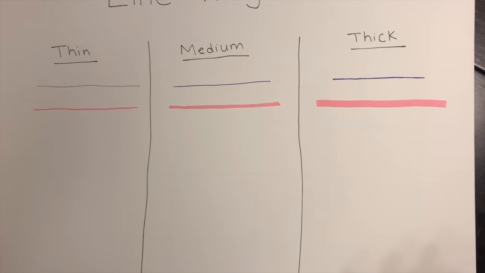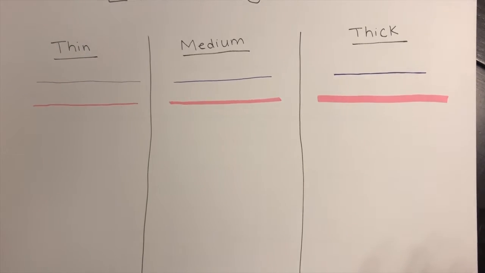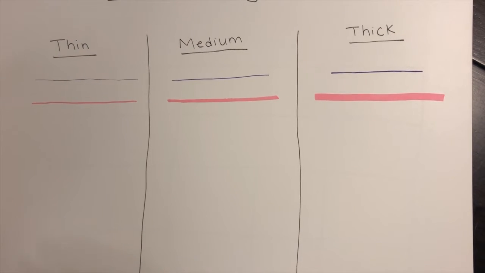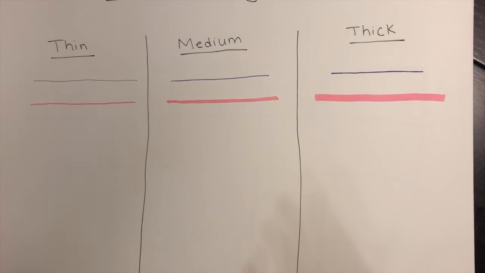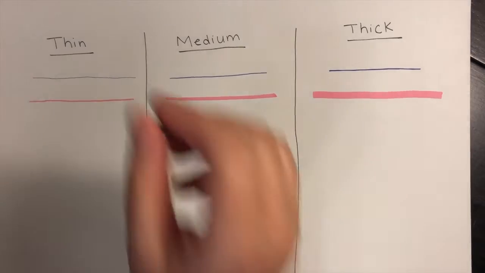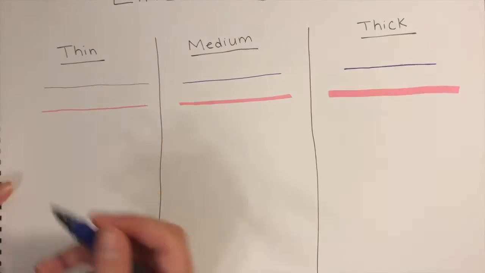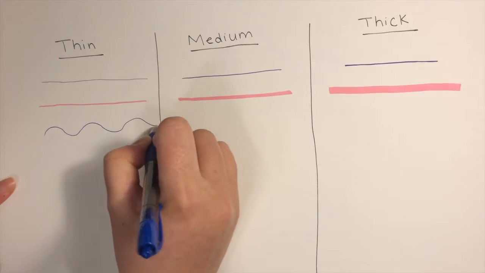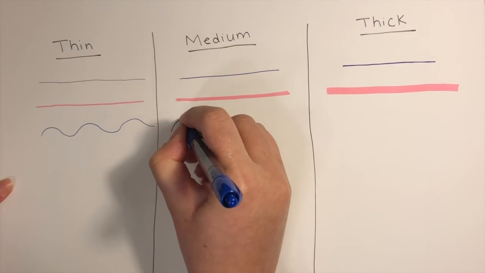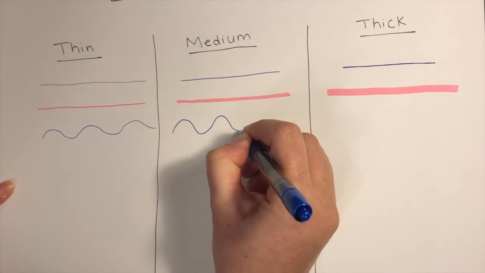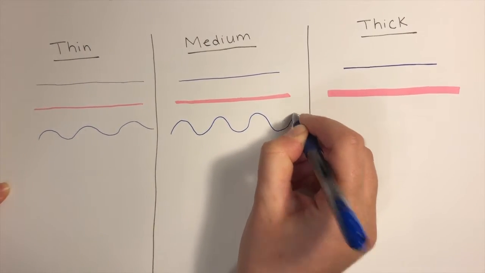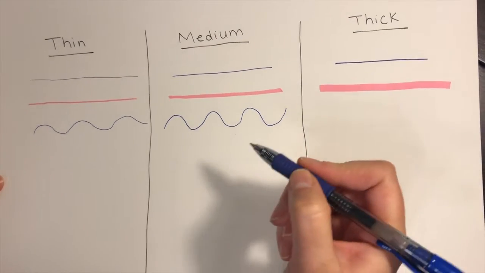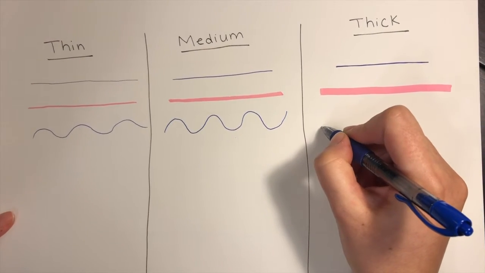Now obviously, not just straight lines have weight to them. Curvy lines, diagonal lines, wavy lines, jagged lines, even dotted or dashed lines. So for example, here's a nice thin wavy line and a more medium weight wavy line. You can see there's a higher concentration of ink that comes out just because I'm pressing more onto the paper.